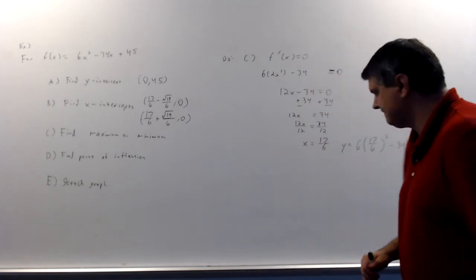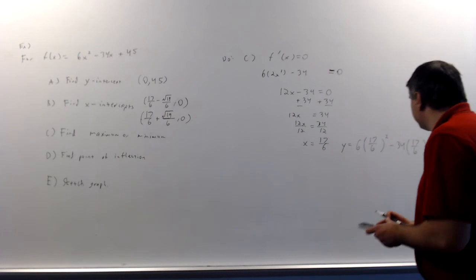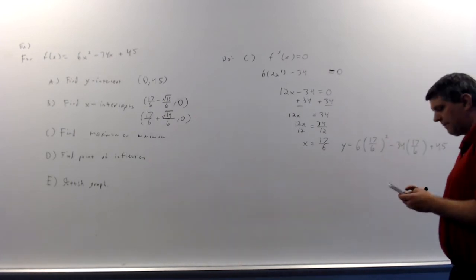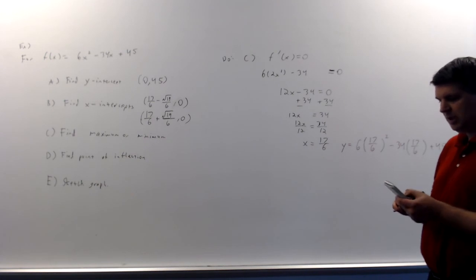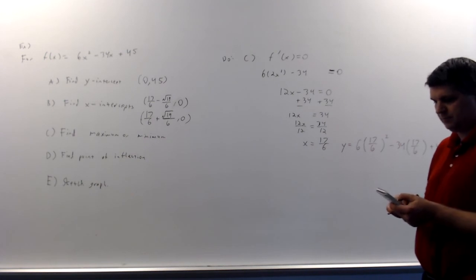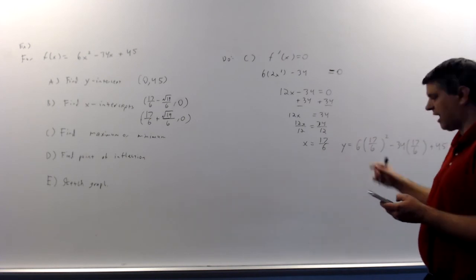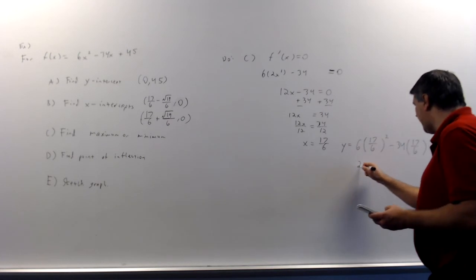That's what they make calculators for. I'm going to put the 17/6 in parentheses. Square it. I get 289/36 times the 6, 289/6.